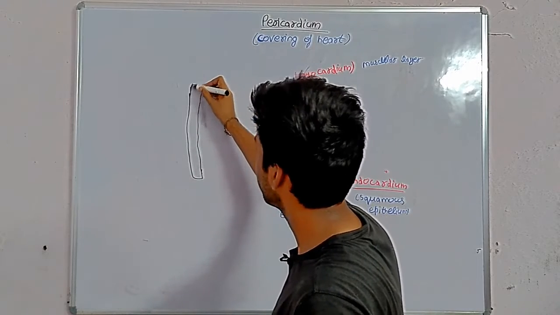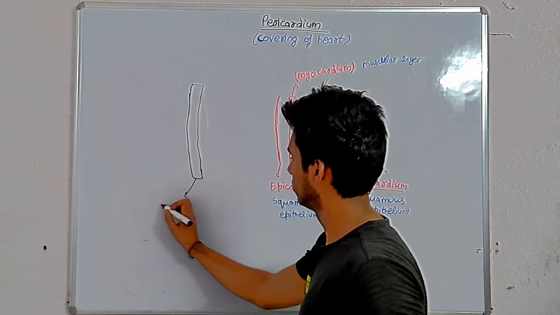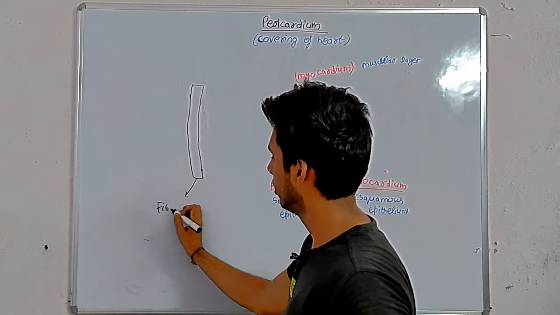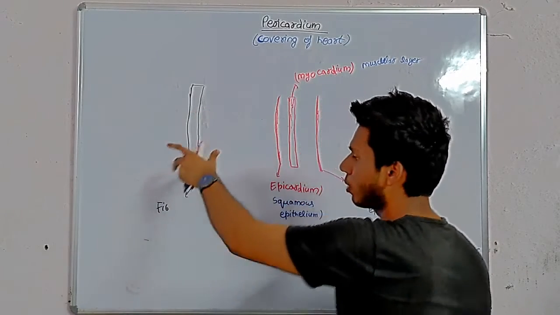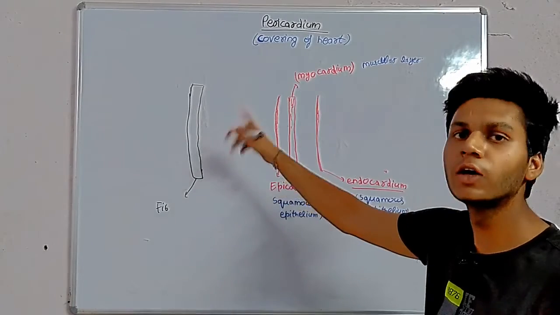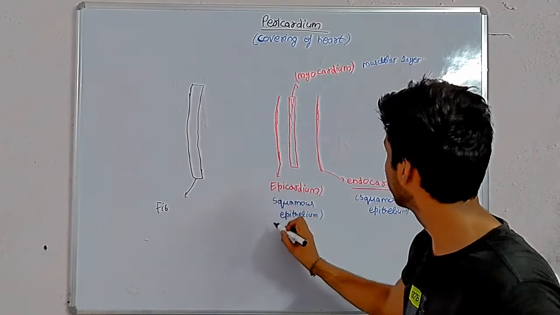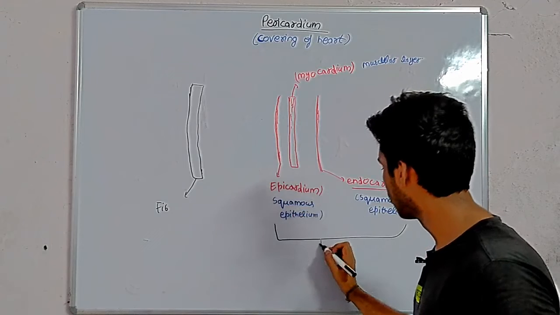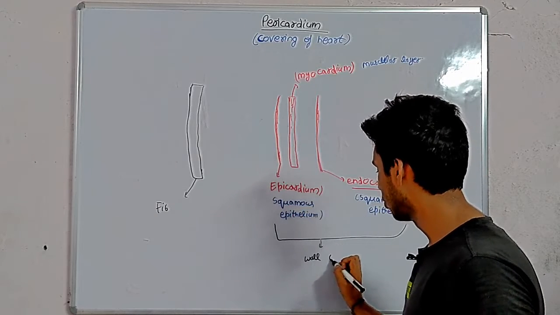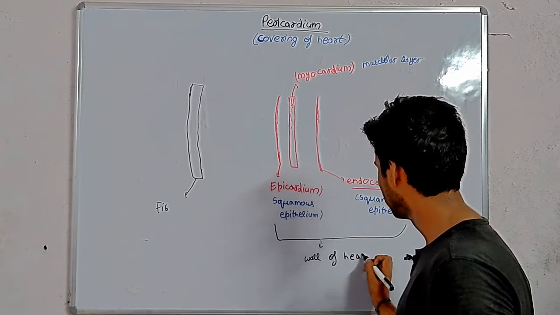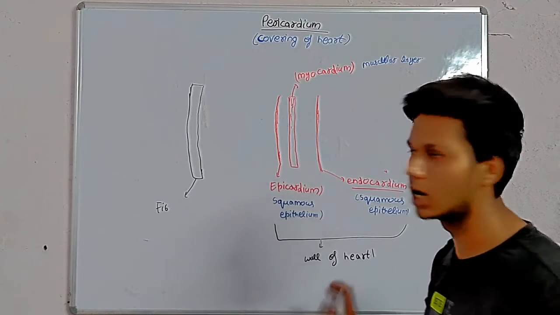This is the wall of the heart, not the pericardium. These form the heart muscles, the heart walls.